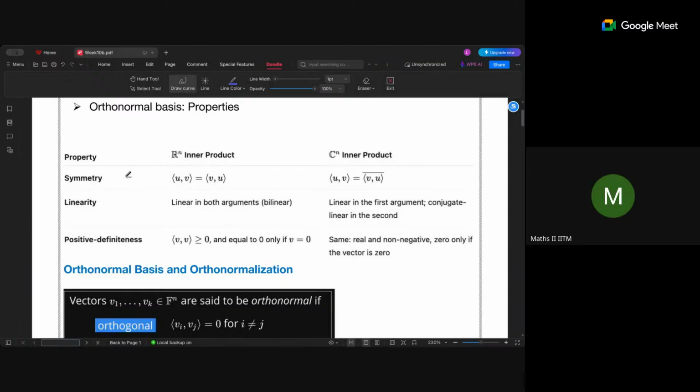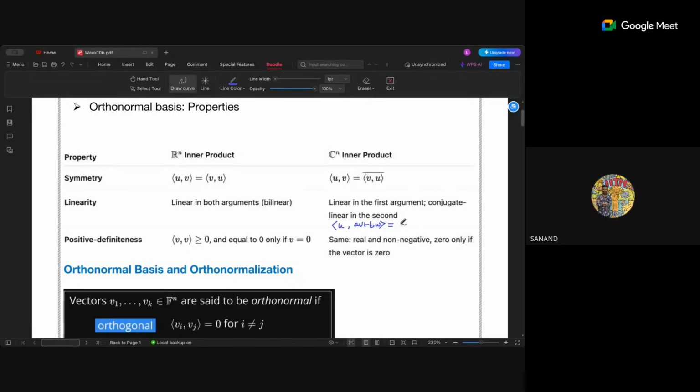So a quick glance at the properties of inner product. For Rn, we have symmetry, and for Cn, we have what is called conjugate symmetry. For Rn, we have linearity in both the arguments, and for Cn, we have linearity in the first argument and conjugate linearity in the second argument. What is conjugate linearity? Can anyone say? If you have u comma av plus bw, what is the property?